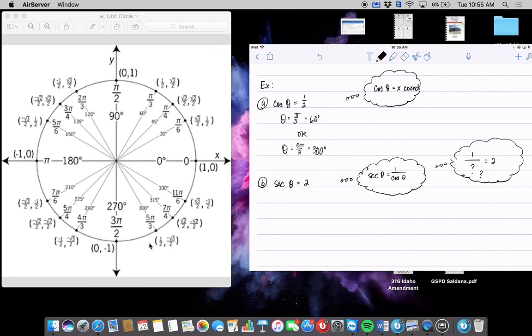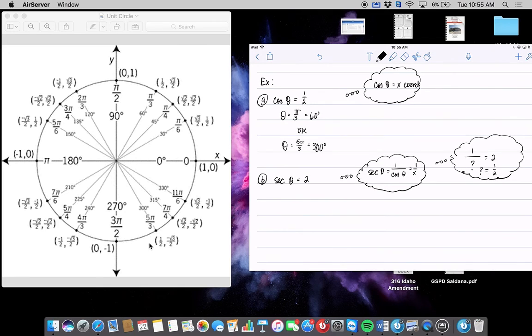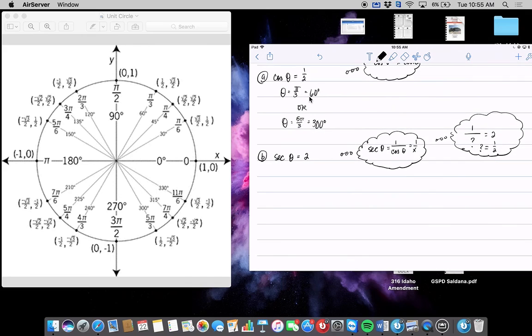If we solve for our little question mark, we're looking for an x-coordinate of 1/2, because remember, it's going to be 1 over x, and cosine is the x-coordinate. In example A, we found out which values of theta gave us an x-coordinate of 1/2. So just like in example A, theta here is going to equal pi over 3, or 60 degrees, and theta also equals 5 pi over 3, which is 300 degrees.